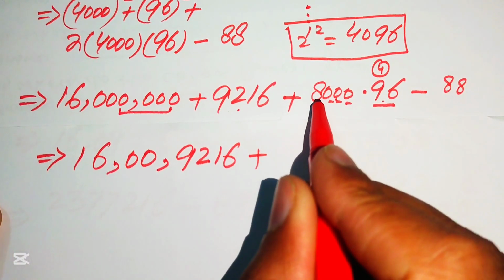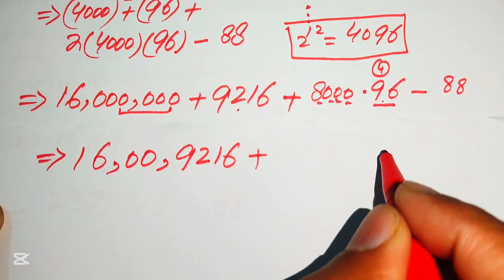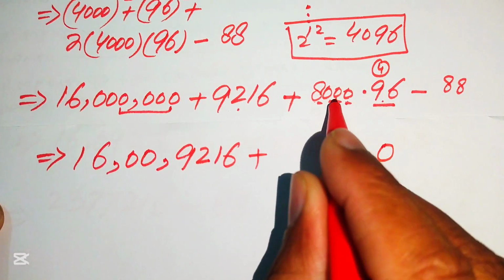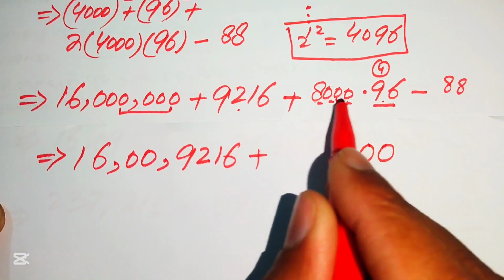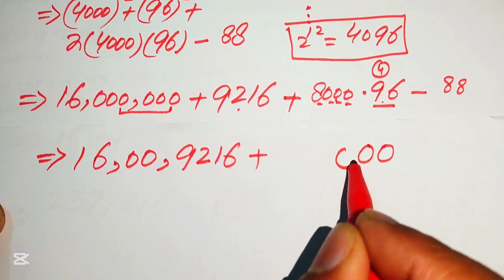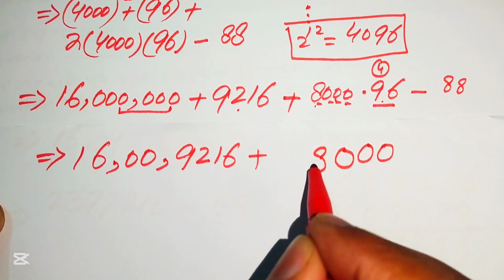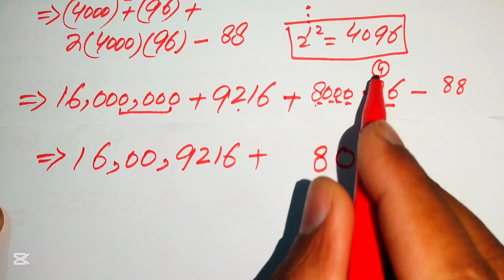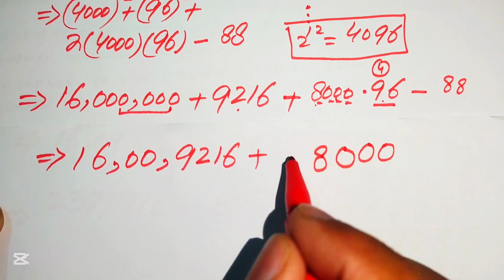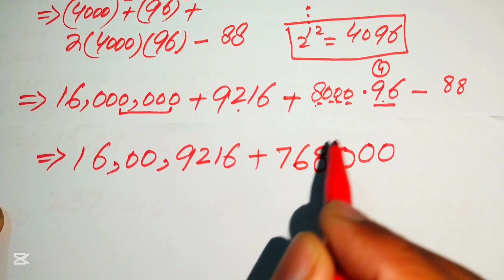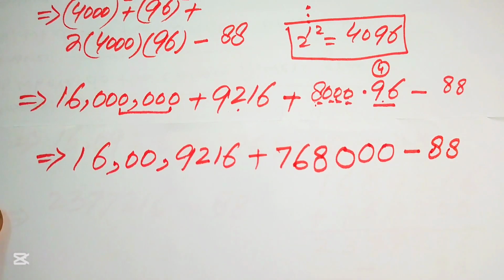When you multiply 0 with 96, we get 0, and again 0, and again 0. Then 8 times 6 is 48. We write 8 and carry 4. 8 times 9 is 72, 72 plus 4 becomes 76. And this is our minus 88.